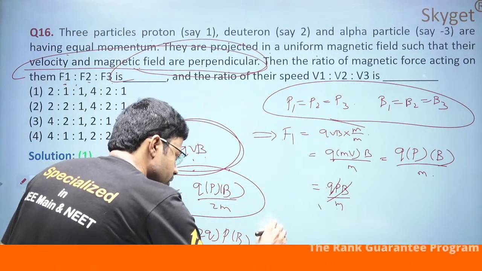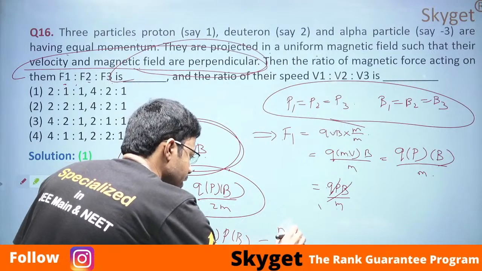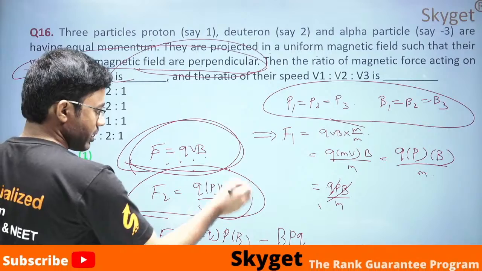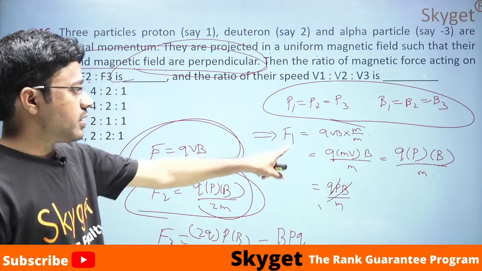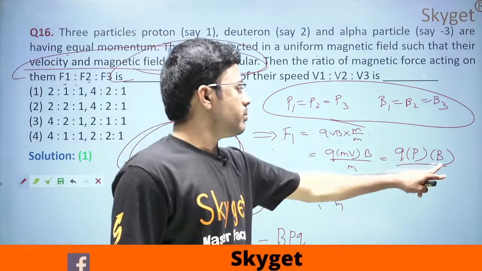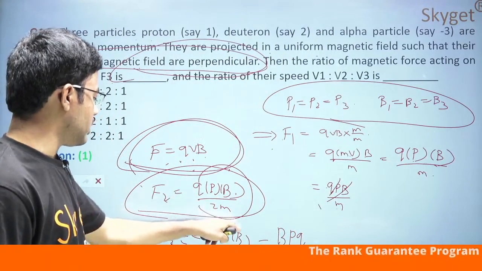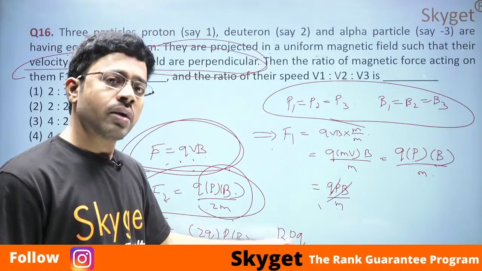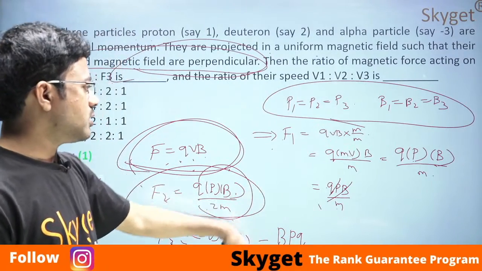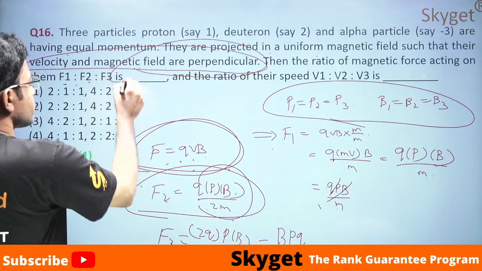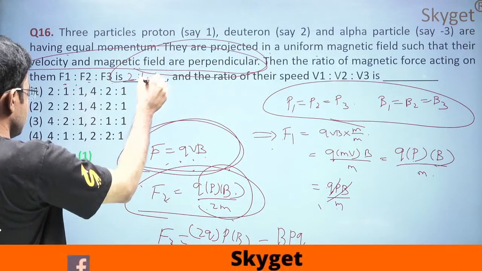So what we get here is B p q by 2m, B p q by 2m, the same. So F1 is equal to B p q by m, F2 is equal to B p q by 2m, F3 is equal to B p q by 2m, and if you take these ratios, it comes to 2 is to 1 is to 1.